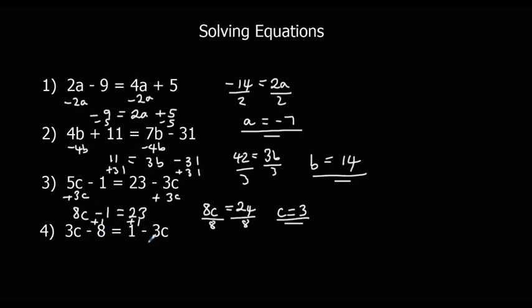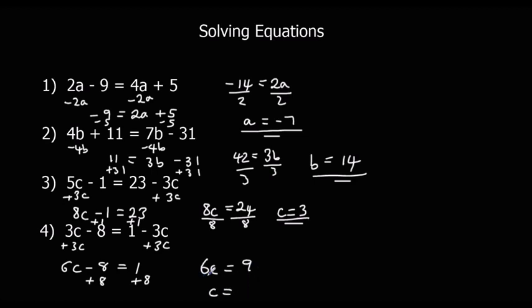Okay, and finally, I've got a positive 3c and a negative 3c. So the smaller one is the negative one. So we're going to plus 3c to both sides of the equation. 6c minus 8 is 1. I'm going to plus the 8 to leave me with 6c is 9.